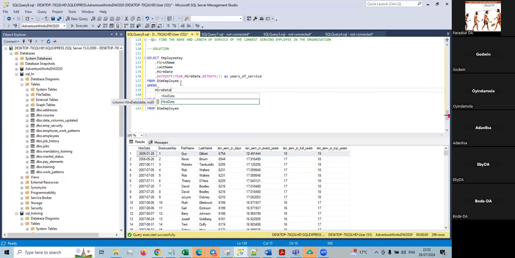So where hire date is equal to all of this. Where hire date is equal to all of that.